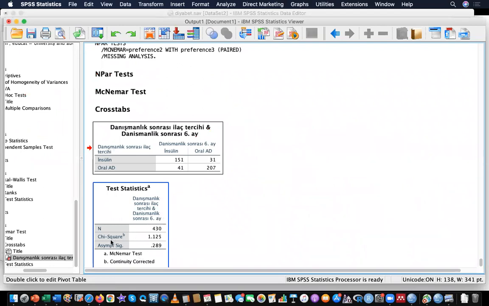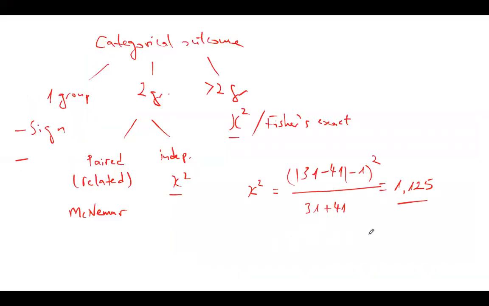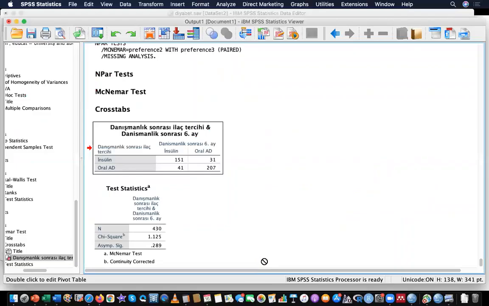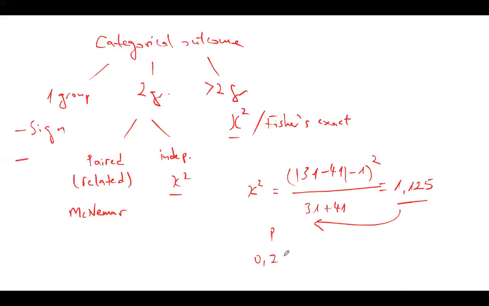So this is not very high. This chi-square value is 1.1. It is not so high. And the p-value reported here is 0.289. From that we calculate a p-value, which is 0.289. What is your conclusion when you see this p-value?